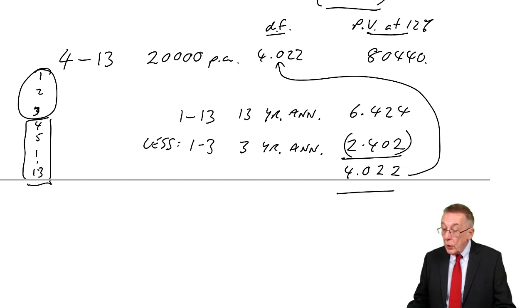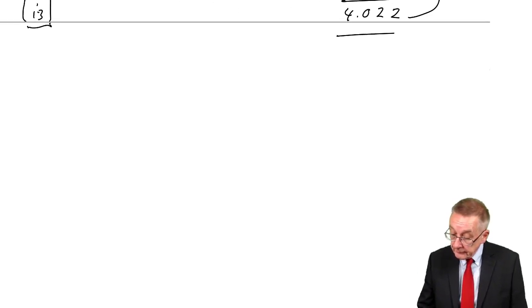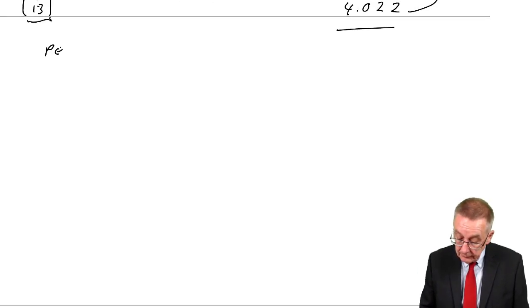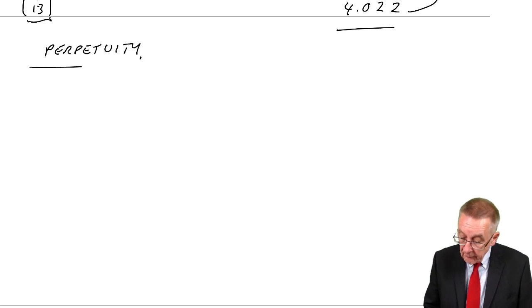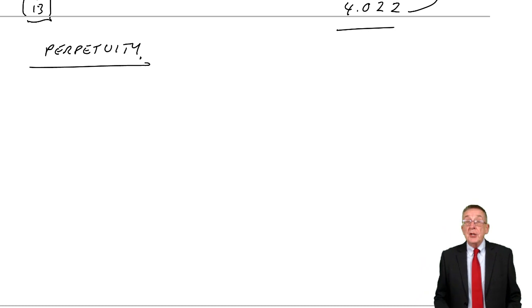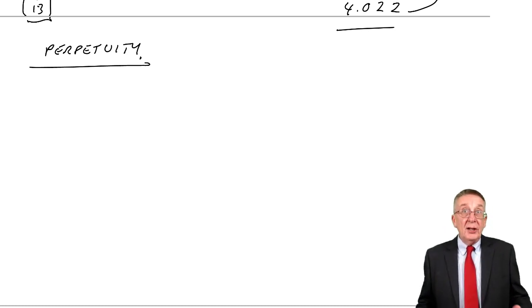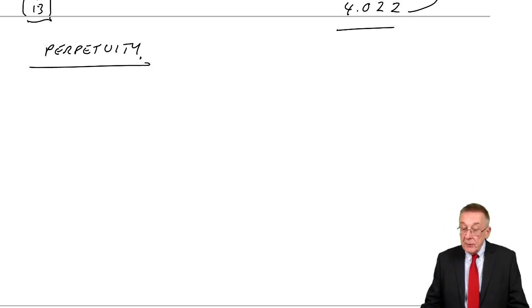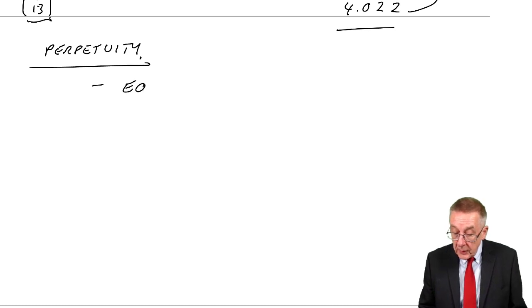The other bit, though, is what we call a perpetuity. And what a perpetuity is, it's what you might call the ultimate annuity. It's where you've got an equal cash flow each year.